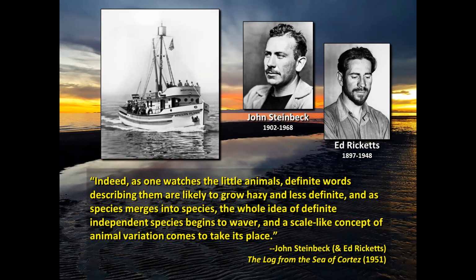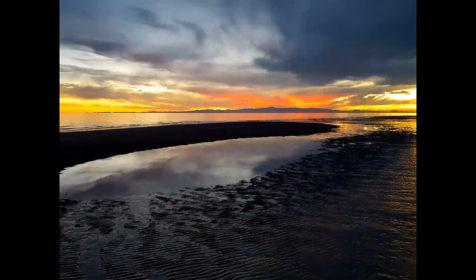And so more than 50 years ago, 60 years ago, on the Sea of Cortez, you had these people looking at living biological organisms, and the more of them they looked at, the more they realized that species definitions are really inadequate for actually capturing the number of different life forms that are out there.